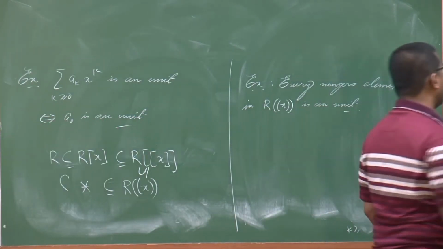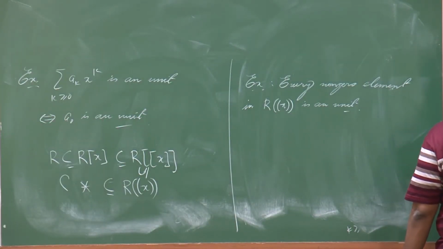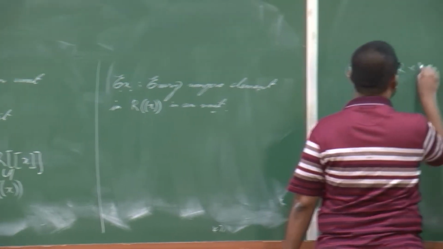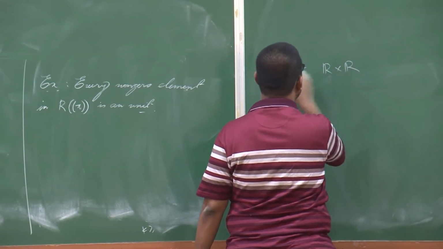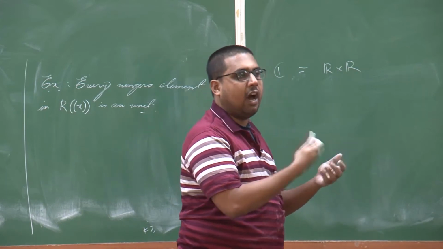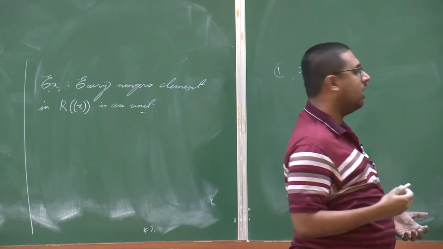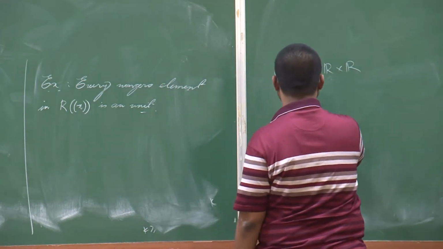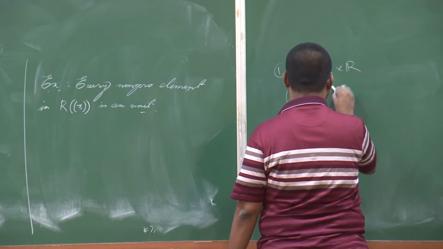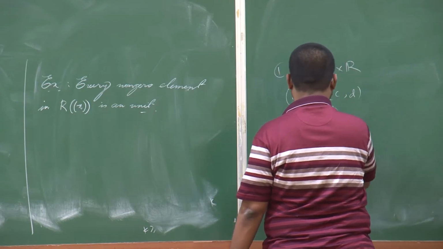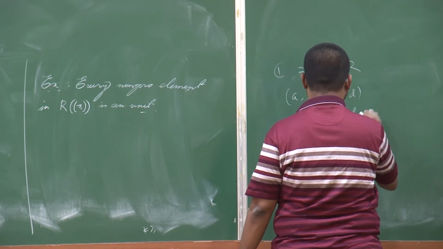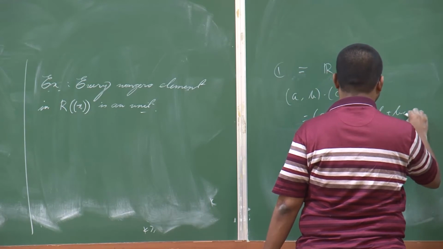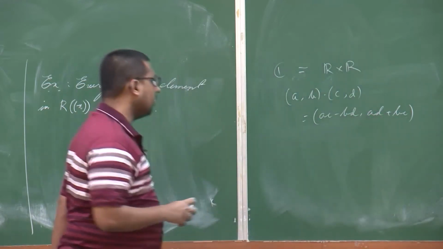So, recall that C can be defined in this way: it is R squared, the collection of all pairs of real numbers. Addition is defined component wise, but the multiplication is defined in a slightly different way: (a,b)(c,d) = (ac minus bd, ad plus bc). Okay. That is how we can define it.